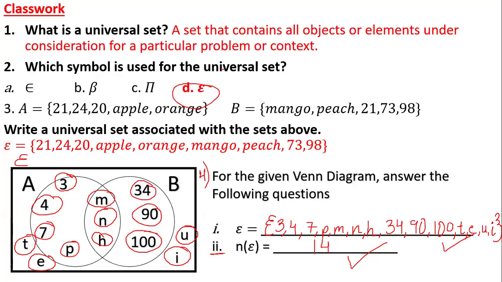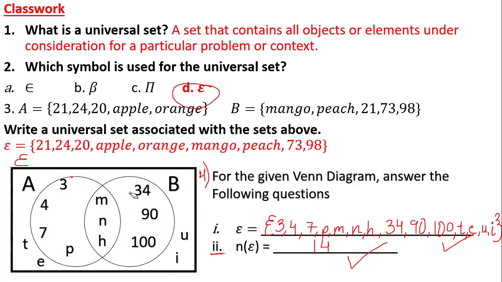Do you understand what we're doing, or are you lost? A little bit. Okay. All right, so let me explain this last one that we did. Basically, when we say universal set, we mean everything inside of the set.